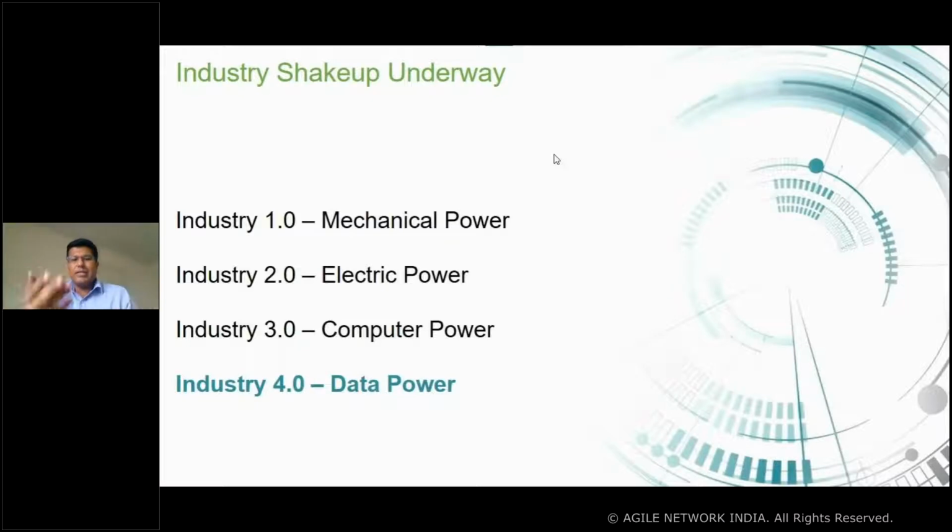We were not free when these things were happening, industry 1.0, 2.0. But from 3.0, 4.0, we are right at the eye of this industry shakeup. So we have to be part of this. And this is why it is important, not only as an industry but also as a country.